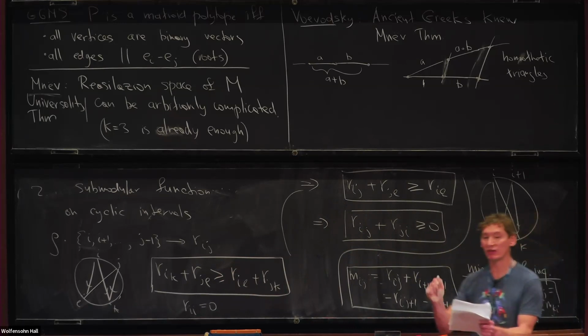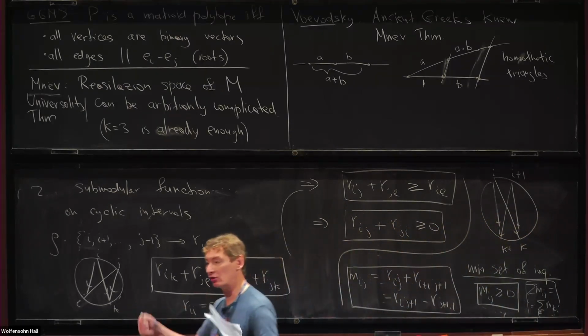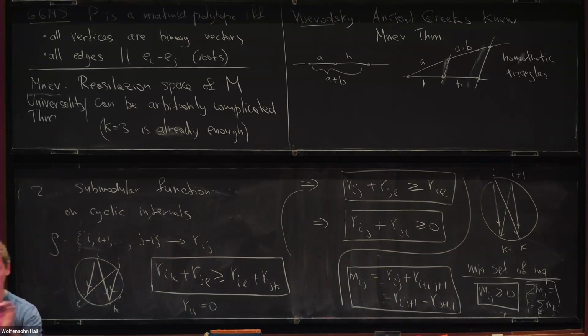You can think about these m_ij's as non-negative numbers, multiplicities of edges of some directed graph. The only condition is that for any vertex, the in-degree equals the out-degree. We call these balanced graphs. If you know the story about the positive Grassmannian, these balanced graphs are literally a generalization of decorated permutations. A decorated permutation is a very special case of balanced graphs.